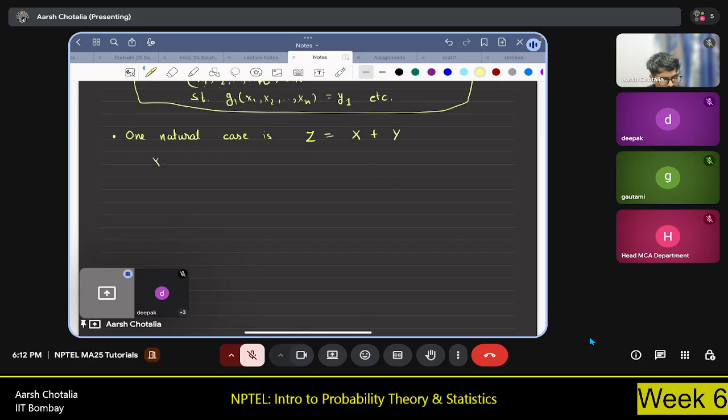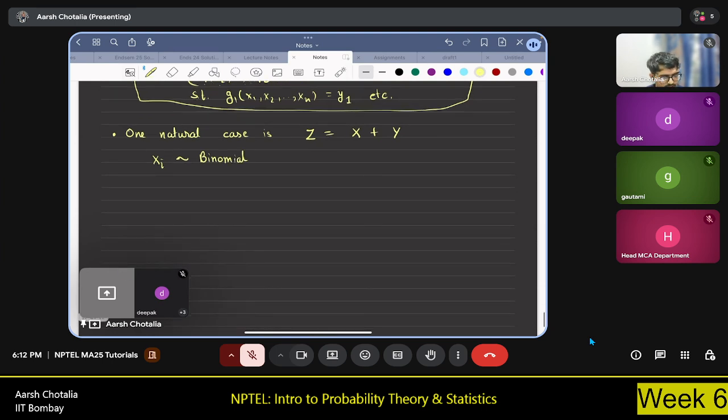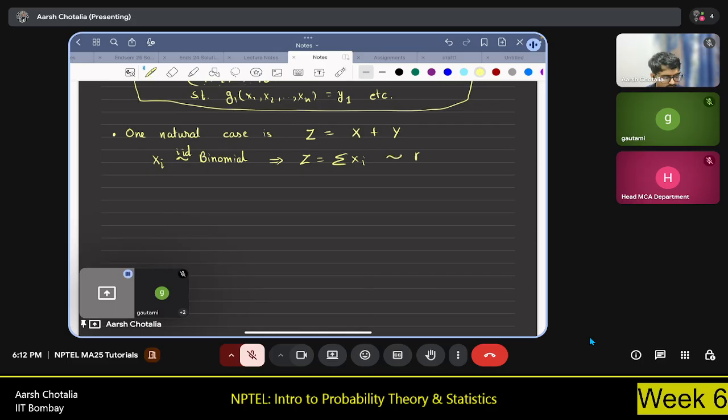For example, if Xi are IID binomial, then it would imply that Z, which is the sum over Xi, is also binomial.